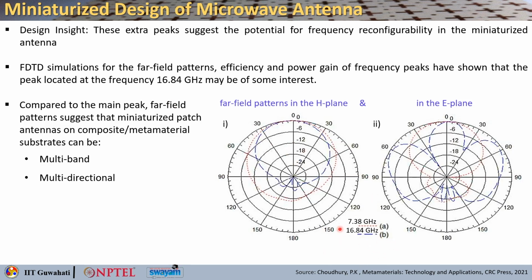So, the blue one basically shows 16.84 gigahertz and the red dotted one shows 7.38 gigahertz. So, this is the far field pattern in H plane, this is the far field pattern in E plane.